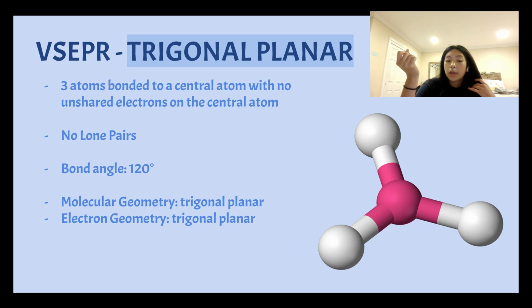And since there are no lone pairs, the bond angle will be 120. So the molecular geometry is trigonal planar, and the electron geometry is also trigonal planar because there are no lone pairs. So this is what it should look like.